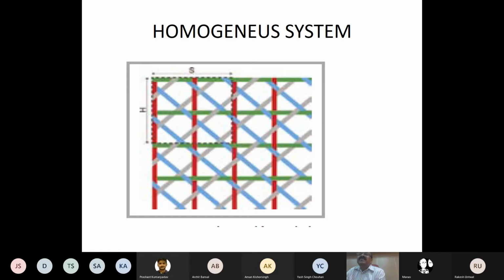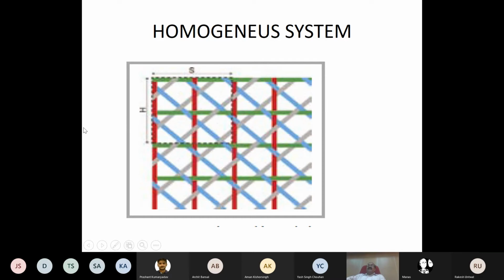How is it? This is 4 axial homogeneous. Look at, all thread spacing are equal. That's why it is homogeneous. And you have 3 warp, 1 weft. The red is straight warp, this gray is bias warp, blue is bias warp, and green is 1 weft.